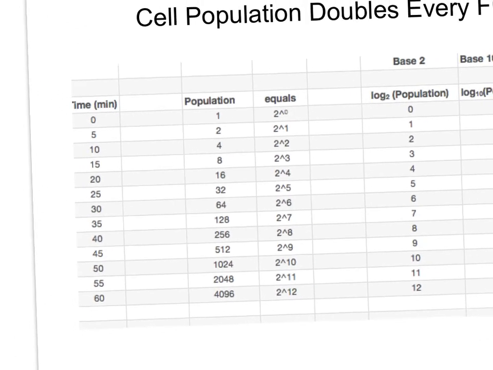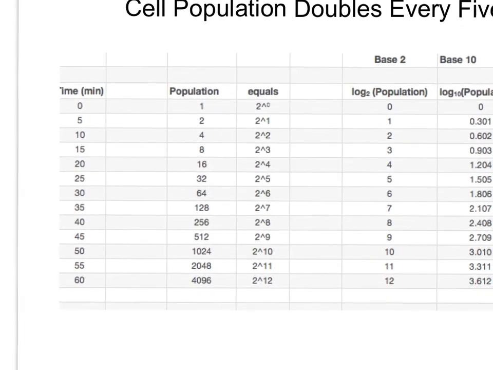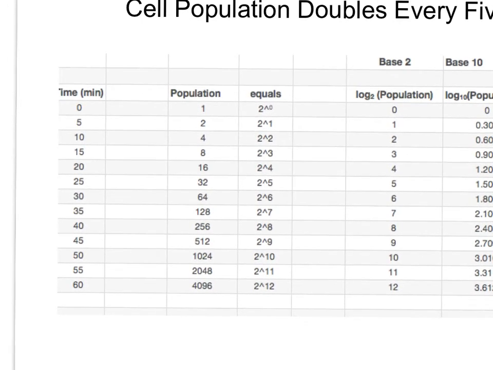But I chose this example from cell population doubling, because in your 102 lab you do an experiment with coins where you throw them out, and it ends up being about half heads and half tails, and then you take away the heads, and then you shake out the tails, and it ends up being 50-50 heads, tails again. And so you're watching the population of heads decrease by half every time you throw. So that's kind of an interesting experiment, and you do a graph and so on.